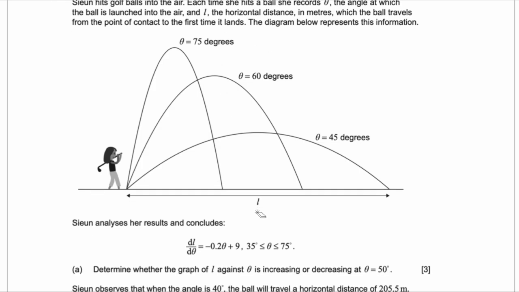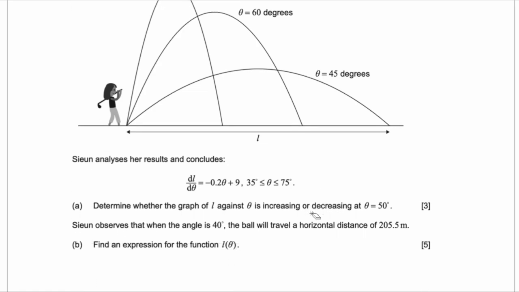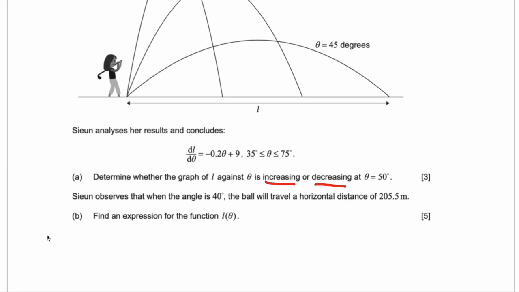L is the horizontal distance. dL d theta equals negative 0.2 theta plus 9. Determine whether the graph of L versus theta is increasing or decreasing. So that's if it is positive or negative. Okay. So we sub in 50 degrees to the equation.